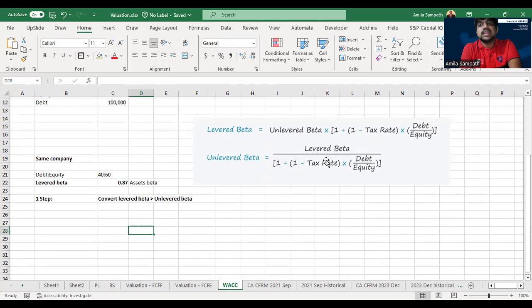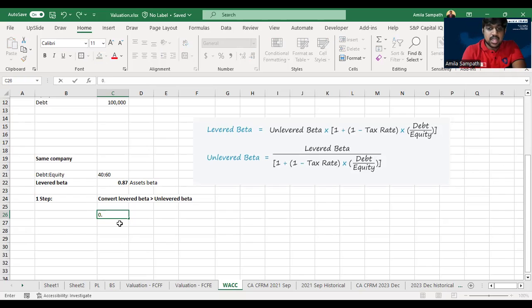How can we calculate the unlevered beta? Levered beta divided by 1 plus (1 minus tax rate) multiplied by debt to equity ratio. That is, levered beta divided by 1 plus (1 minus corporate tax rate or applicable tax rate) multiplied by the debt to equity ratio. Here, let us assume our corporate tax rate is 30%.